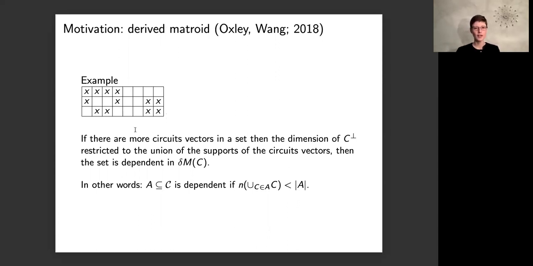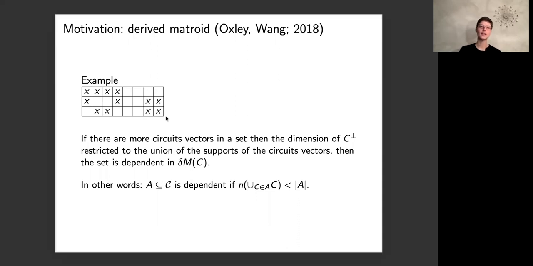So it follows, and it's a bit long to say in words, that if we have more circuit vectors in a set than the dimension of this code restricted to the union of the supports of the circuit vectors, so in this example, these 6 columns, then we already know that if I have more circuit vectors than the dimension of something they're contained in, then these things are dependent.